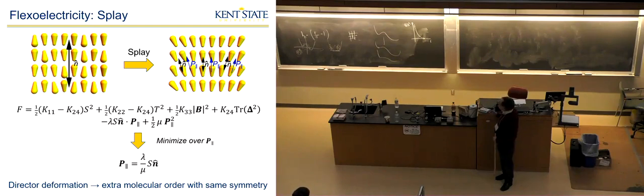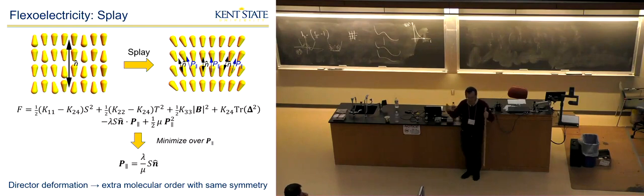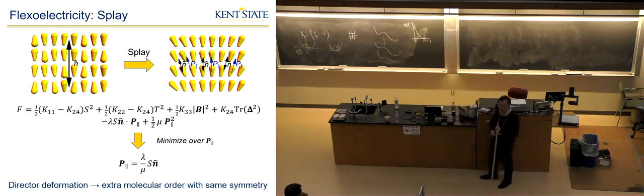So you'll have some remaining electrostatic polarization parallel now to the director, pointing upwards. This is the splay flexoelectric effect, where you apply a splay, you get a polarization parallel to the director. This was also predicted by Robert Meyer and also has been studied experimentally for many years.